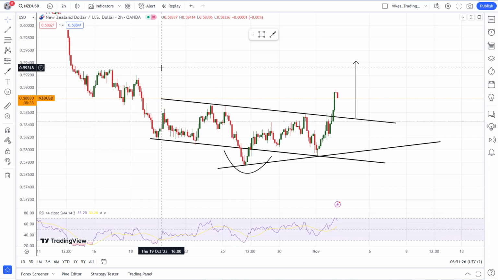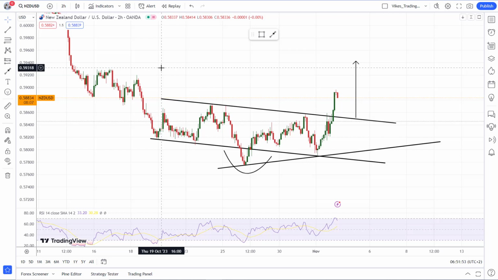This is NZDUSD. This week we did feast on EURNZD. That was a bearish setup. It was an M pattern which we shared in both our Telegram and WhatsApp group. We didn't share it on YouTube, but for those in our Telegram and WhatsApp groups, I believe you fed on that.